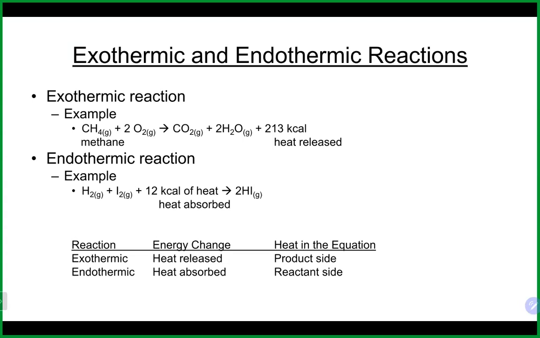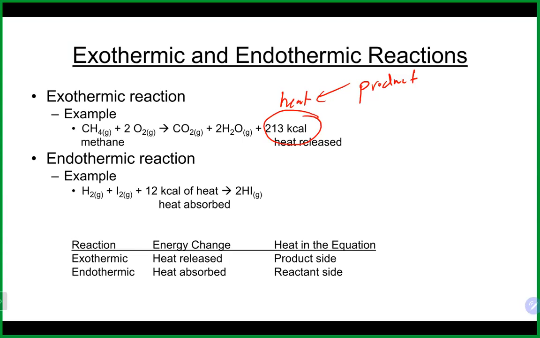When we think about exothermic reactions, we think of the energy part as a product, and it may just be written generically as heat on the product side. Heat and energy are a product in an exothermic reaction. So again, it's being given off, like our products are being made, and we're also giving off that energy in the process.